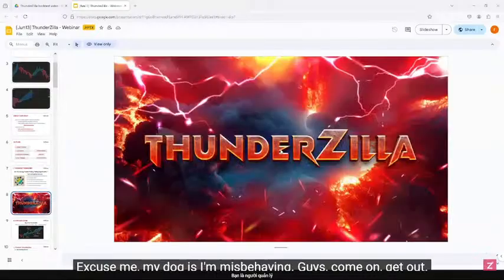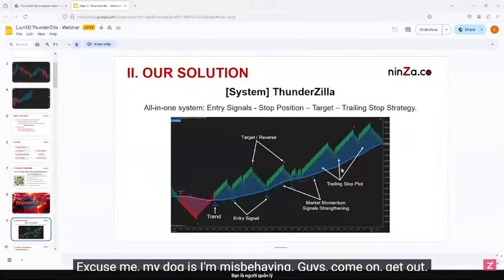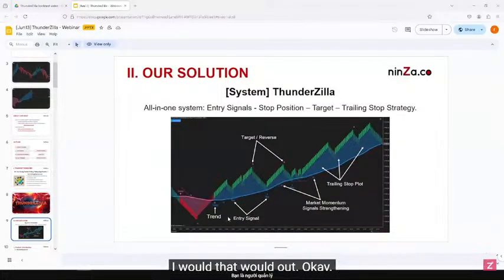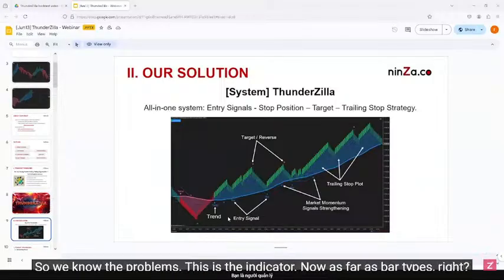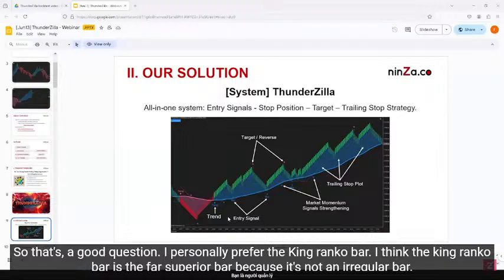So we know the problems. This is the indicator. Now, as far as bar types, that's a good question. I personally prefer the King Renko bar. I think the King Renko bar is a far superior bar because it's not an irregular bar.